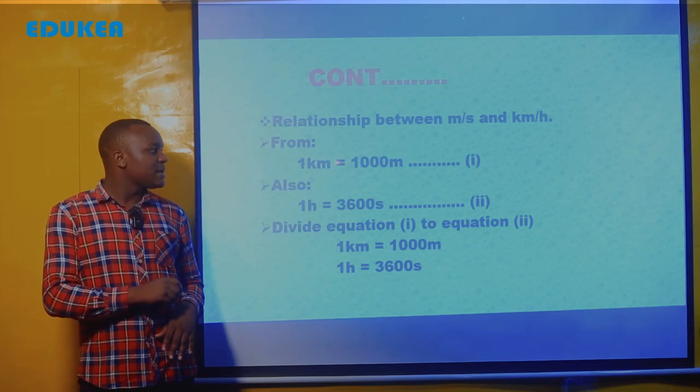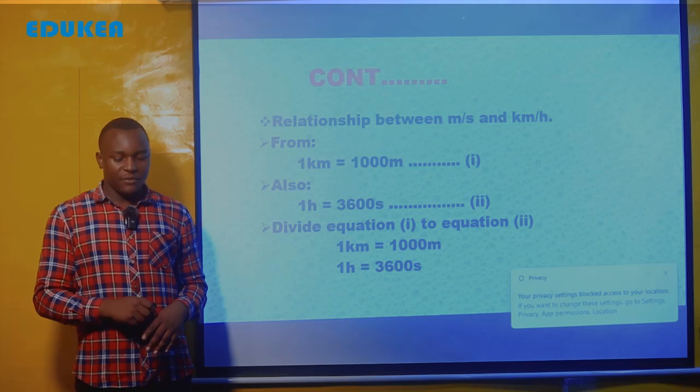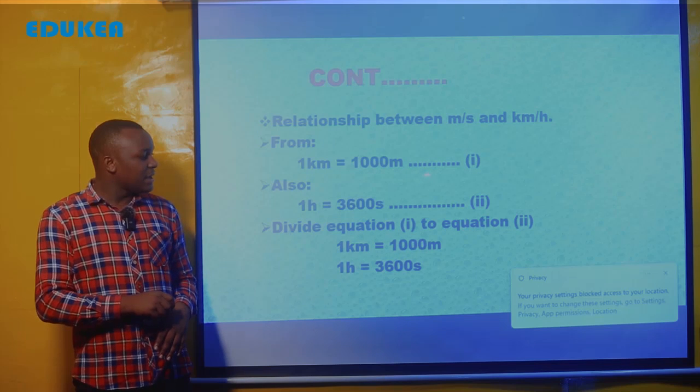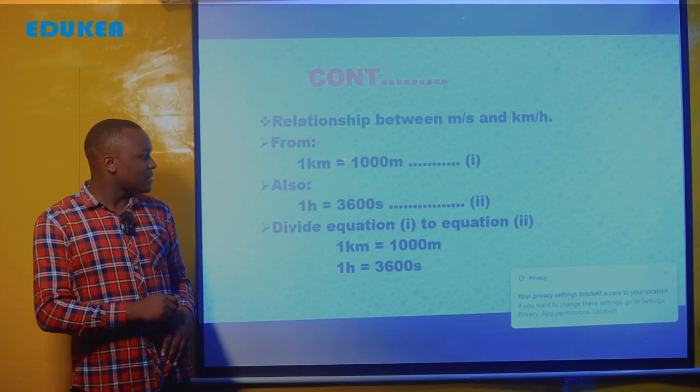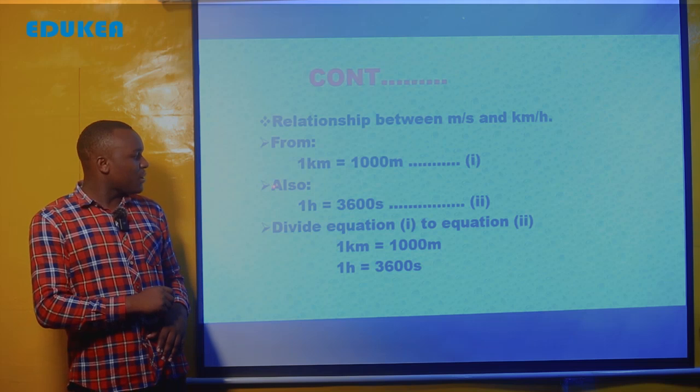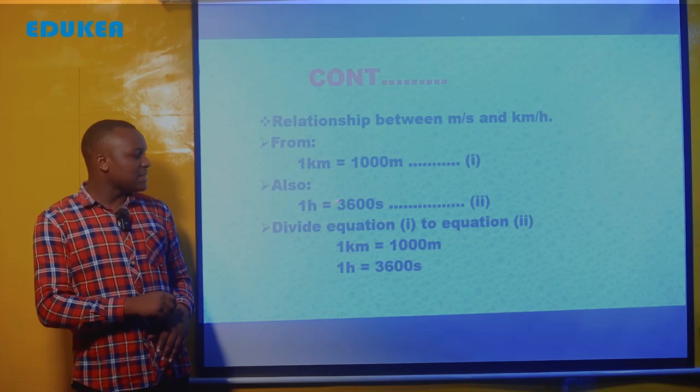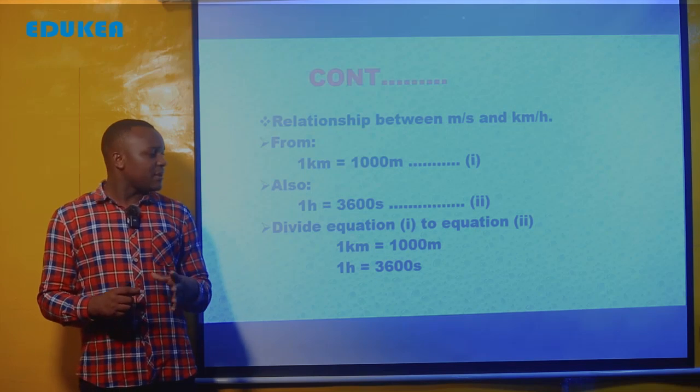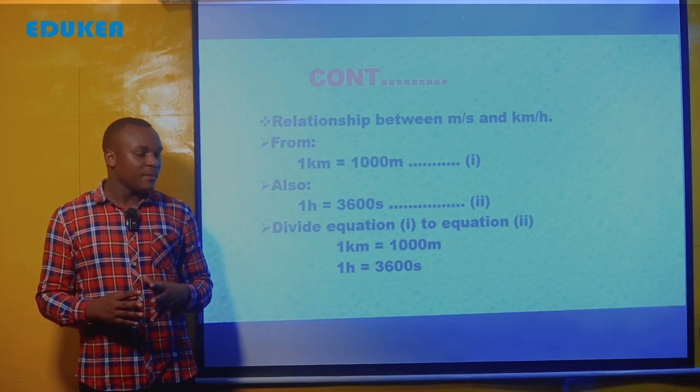Hii tuite ni equation 1. Lakini pia tunajua kwamba 1 hour ni sawa sawa, yani saa moja ni sawa sawa na sekunde 3600. Kwa hiyo basi hii tuite equation 2.